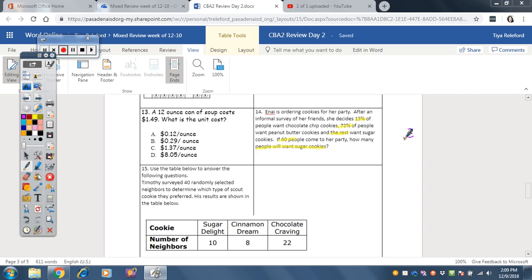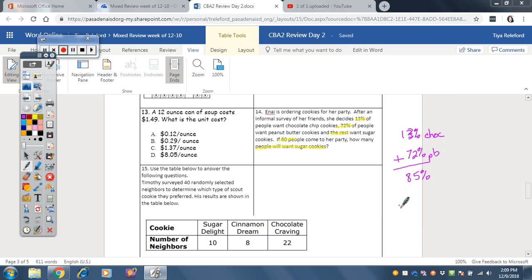We have 13% want chocolate chip and 72% want peanut butter. So that's 85%.